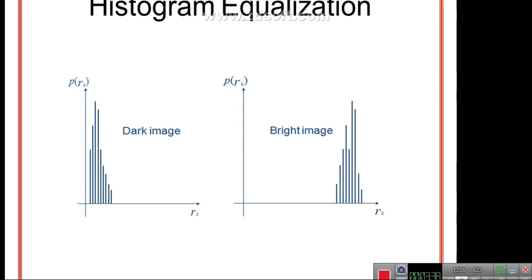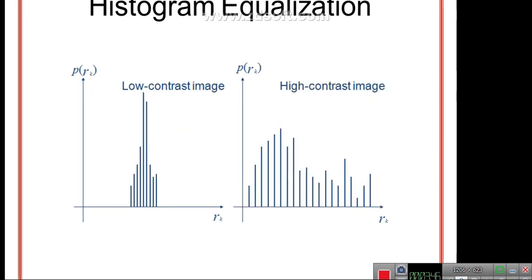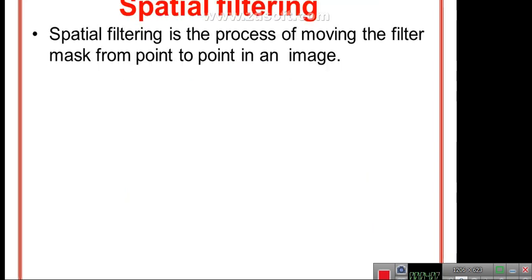For that, we equalize the histogram, which is used to make an image bright. This is a low contrast image, I mean the pixel intensity values are in a very narrow range. In a high contrast image, the pixels are distributed equally from 0 to 255. So the second image shows the high contrast image.